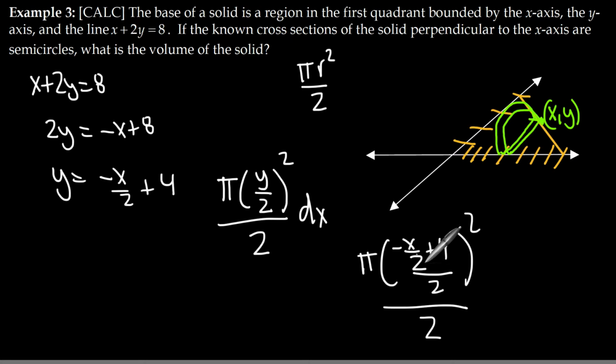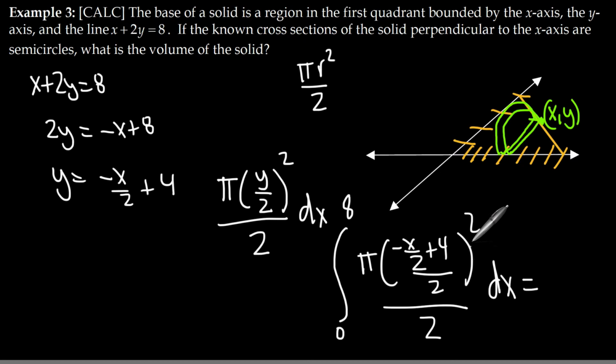This divided by 2 is just part of the formula for the y. This divided by 2 is because we don't need the diameter of this circle. We need the radius of the circle. So that's why we had to divide it by 2. This divided by 2 is because it's not a whole circle, it's a semicircle. And we're going to take this and we're going to integrate from 0 to 8, so 0 to 8 dx.